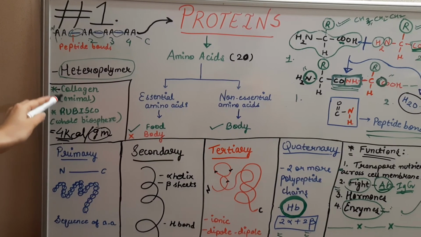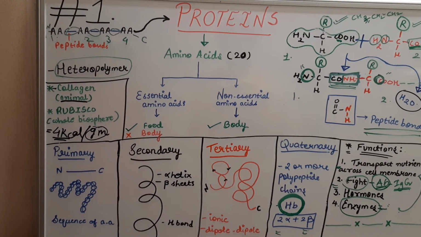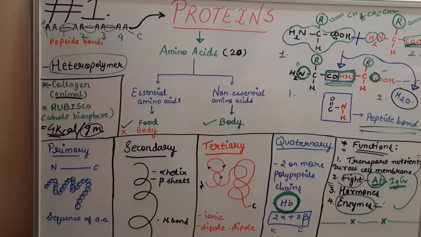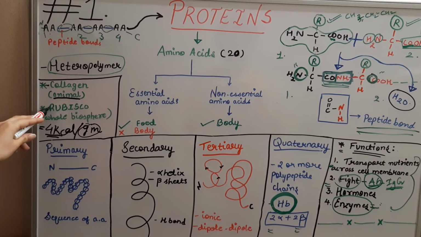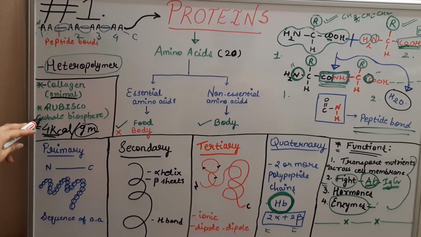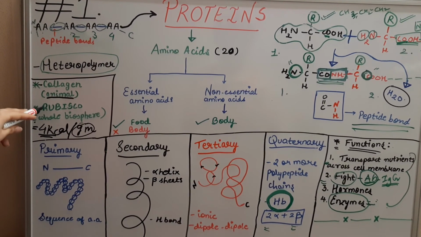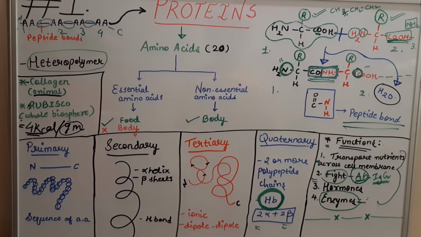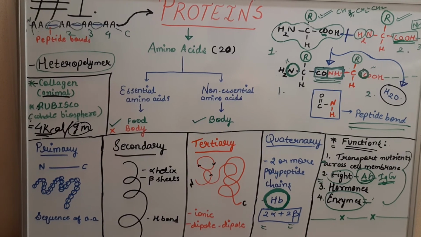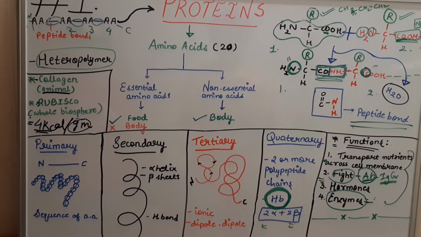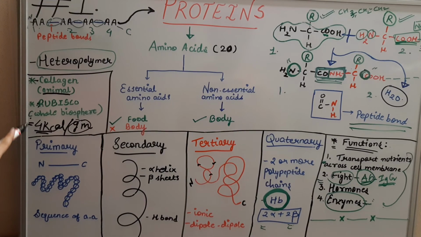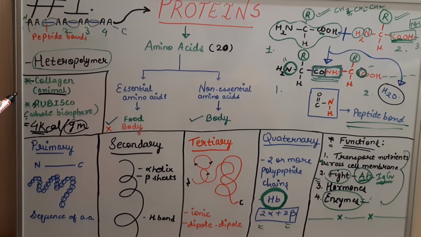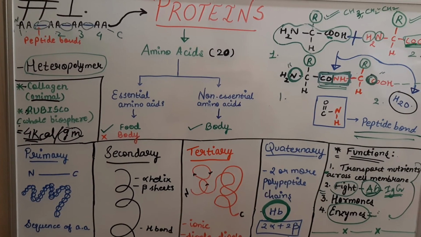It is the most abundant protein in the animal world, while Rubisco is the most abundant protein in the whole biosphere. Rubisco is very important in the photosynthesis process, which is a totally different part, but here you have to remember these three things: the energy, and the most abundant proteins, collagen and Rubisco. Collagen in the animal world and Rubisco in the whole biosphere.